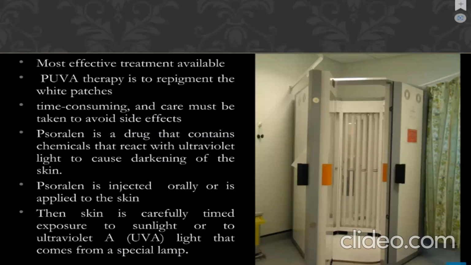This is the most effective treatment available. This PUVA therapy is to repigment the white patches. This is the compartment in which PUVA therapy is done. It is time consuming and care must be taken to avoid side effects. Psoralen is a drug that contains chemicals that react with ultraviolet light to cause darkening of the skin.